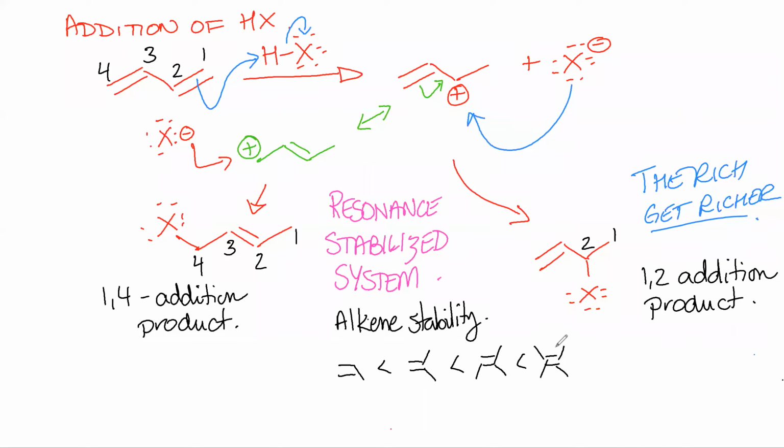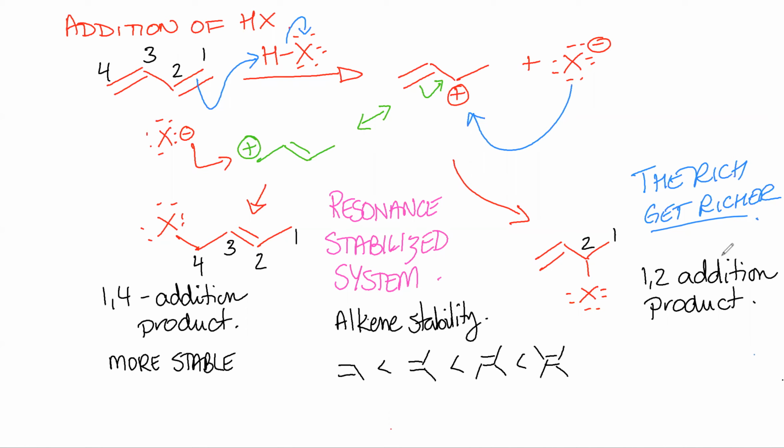And another reason has to do with the bond strengths. sp2 bonds are stronger than sp3 bonds, and there's more sp2 bonds in a tetrasubstituted alkene. So this tends to be the more stable. This is thermodynamically more stable.